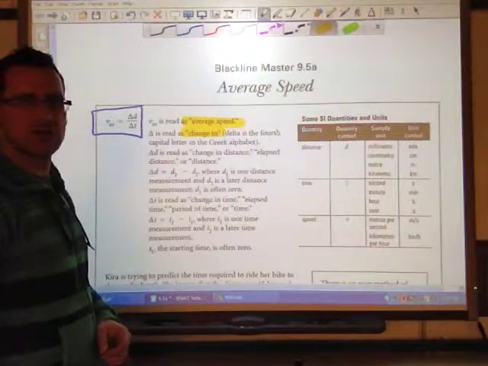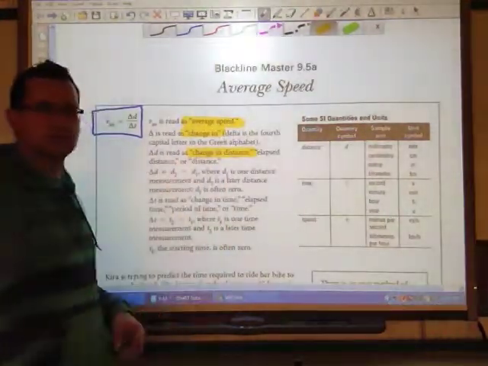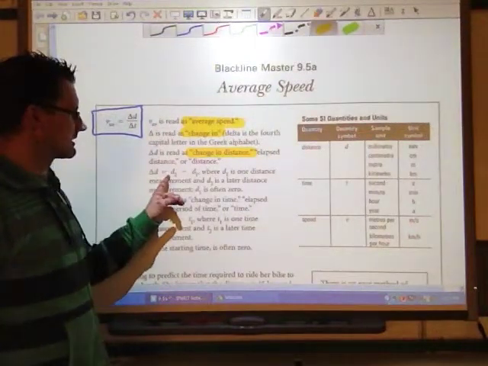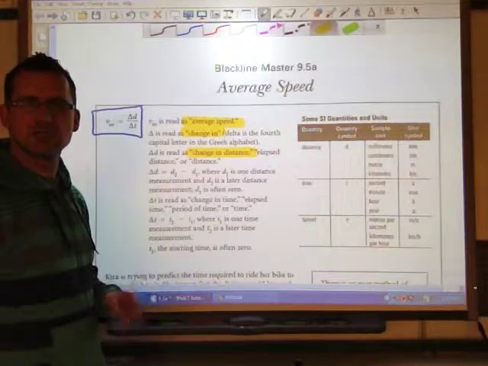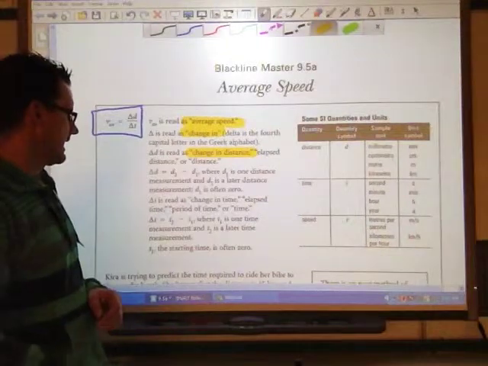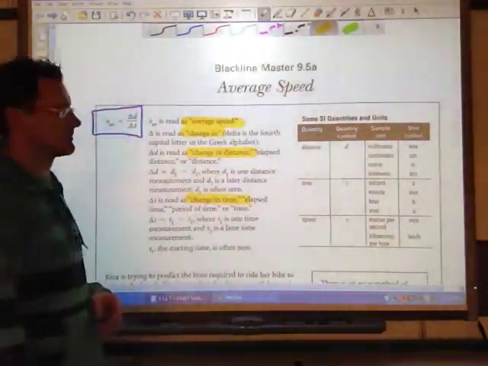That's what we use to describe that. Delta D is change in distance or distance, just in general. It can be figured out by using a final position minus initial position, and you'll run into that more when you take physical science or physics 30. And of course, delta T is change in time or elapsed time.